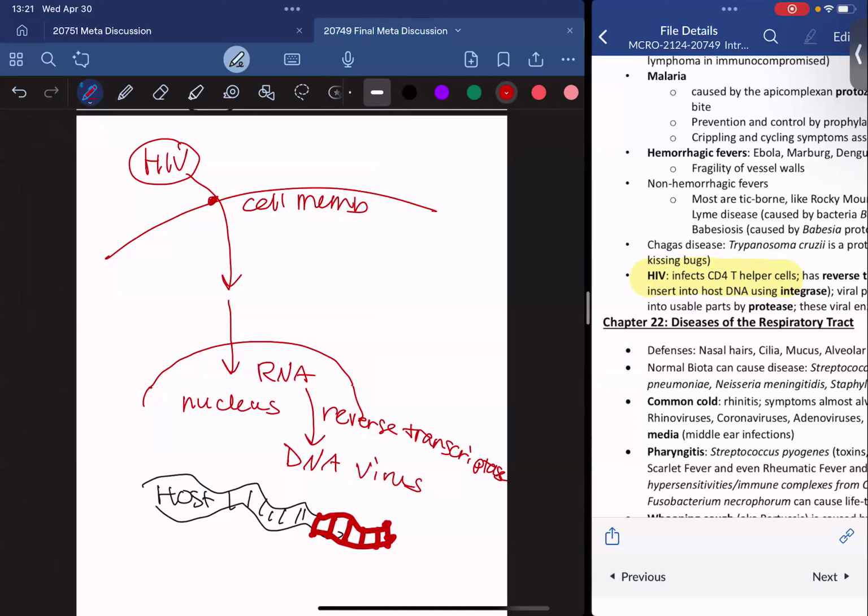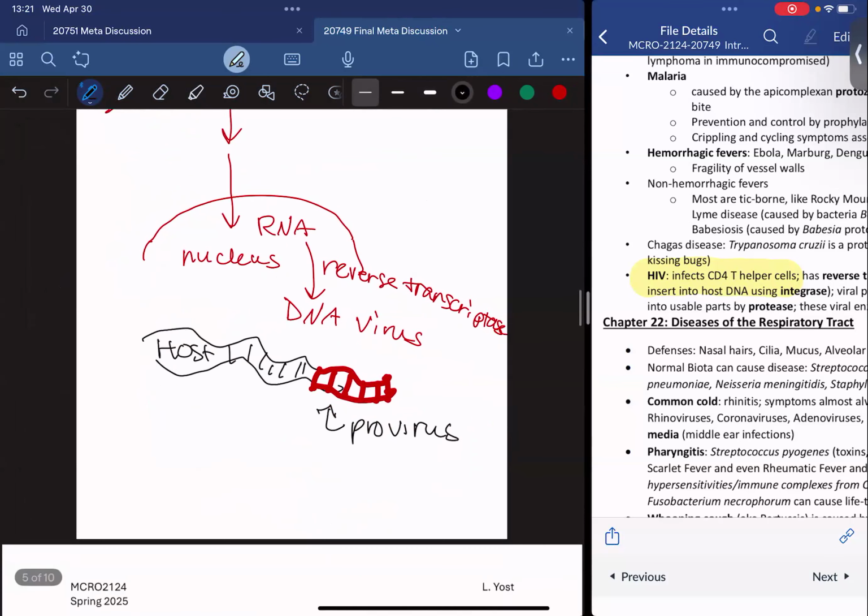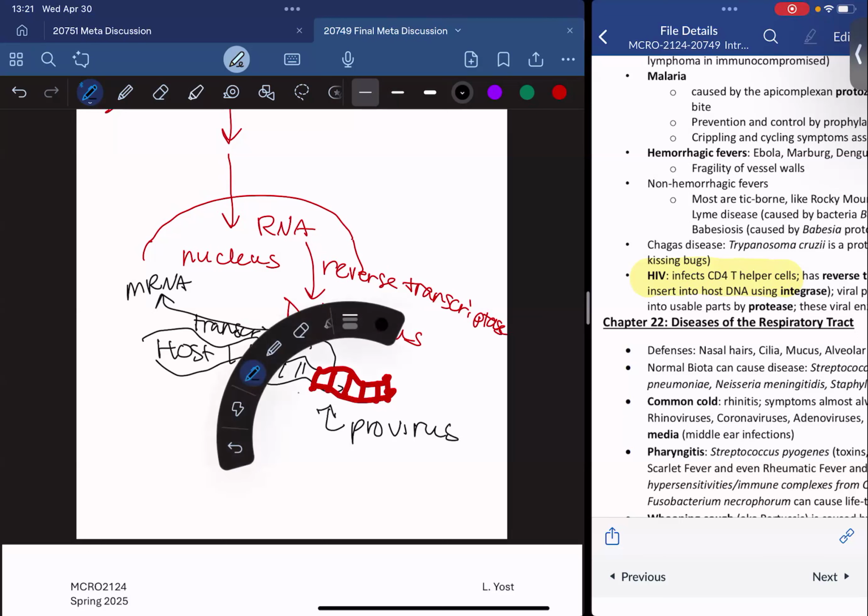There's a special term for the viral DNA when this happens. This is going to be the provirus. Then that provirus will then make mRNA through transcription, where our RNA polymerase will bind at the promoter of the DNA, and the DNA will get split apart.